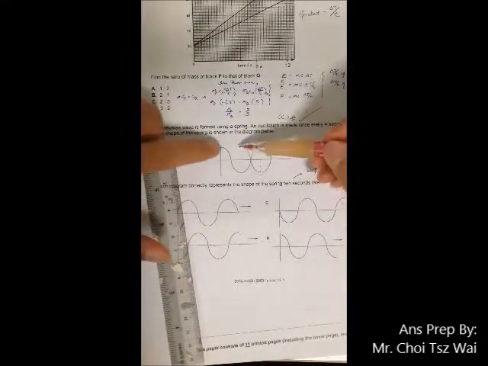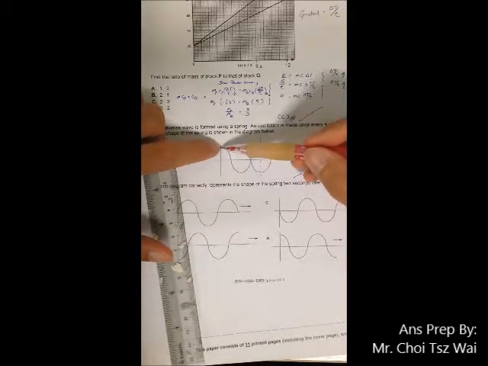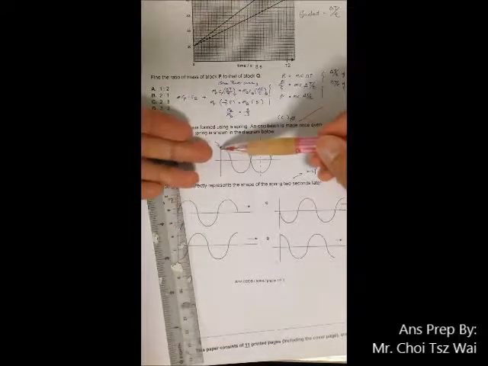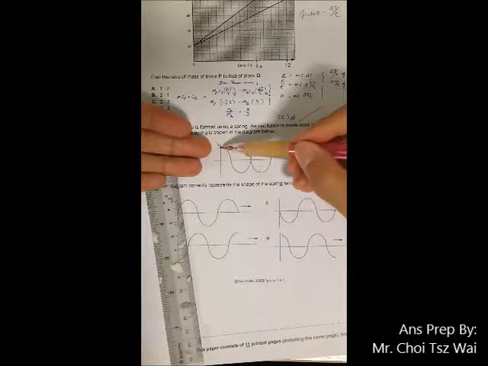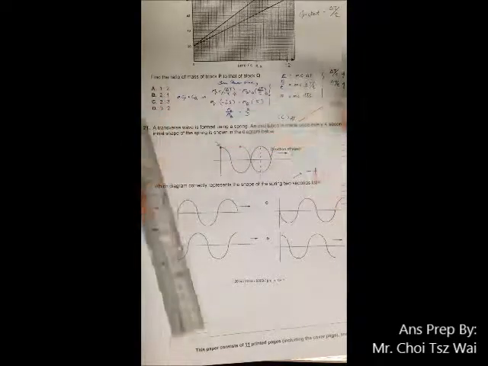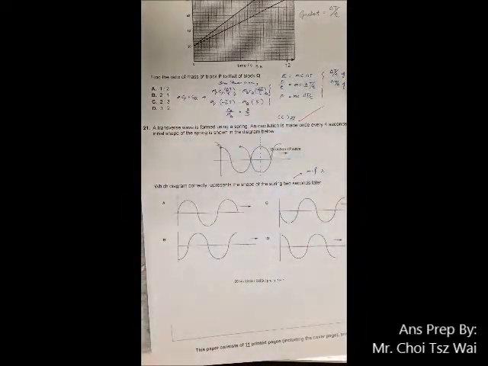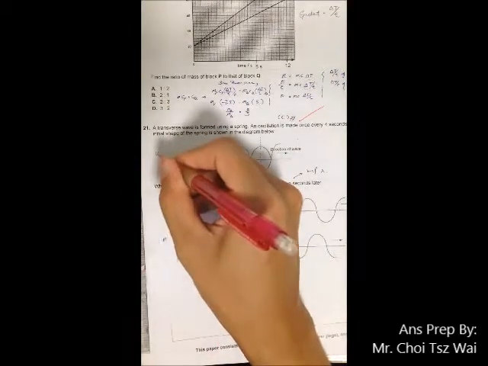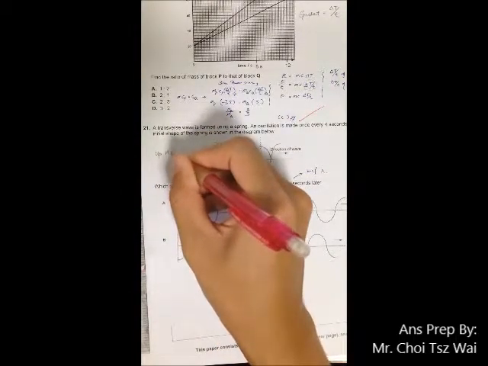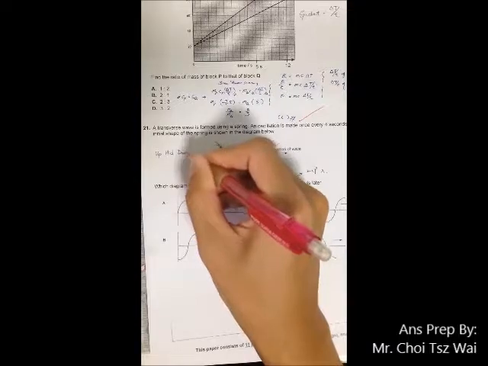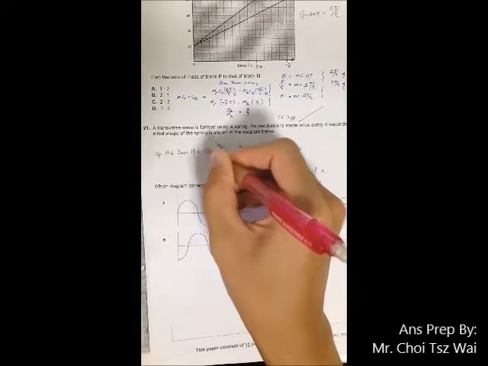What I'm saying is that for half a wave, to move a complete wavelength, it will be up, middle, down, middle, up. So if I move half a wavelength, it will be, okay, write down, for a full wavelength, it will be up, middle, down, middle, up.